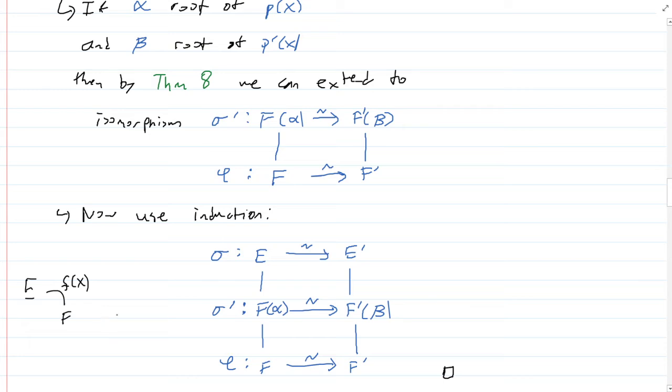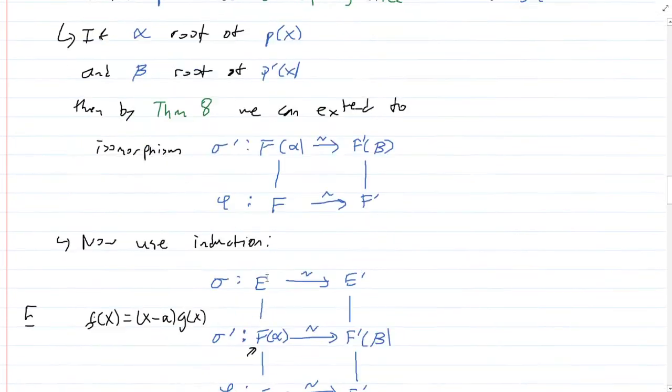But it's also the splitting field over f adjoin alpha of, so if you just factor f of x in this field, it's going to be like x minus alpha times g of x, right? I think we didn't use g before. No, we didn't use g.